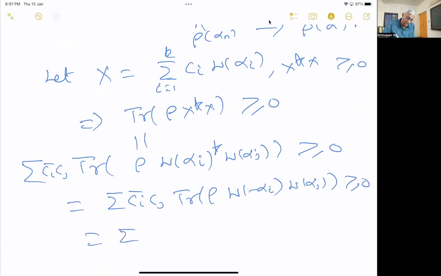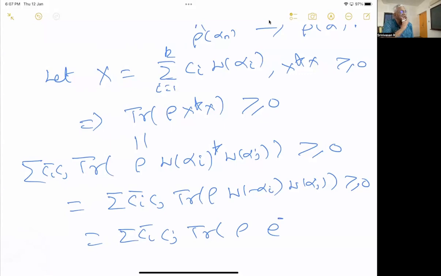But that is equal to summation Ci bar Cj trace of, so what is that? Rho e power minus of minus that. So it will be plus, right? So it should be plus there.